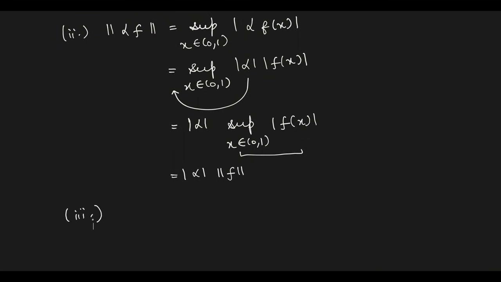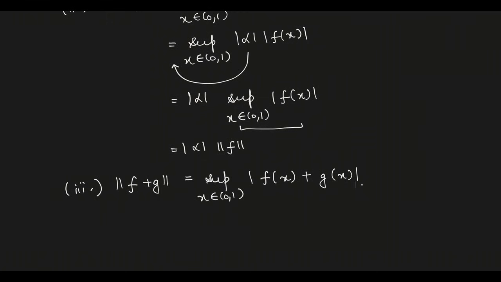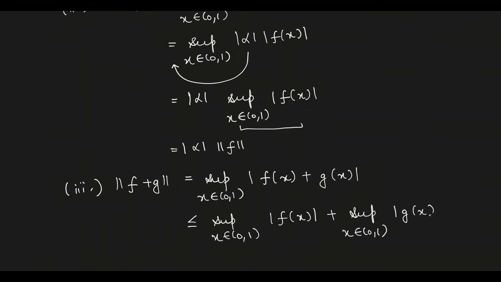Now the third property. Norm of f plus g is less than or equal to norm f plus norm g. Triangle inequality property. Supremum over x belonging to 0, 1 of mod of f x plus g x. Here I can simply apply the triangle inequality property: supremum of mod of f x plus supremum of mod of g x.